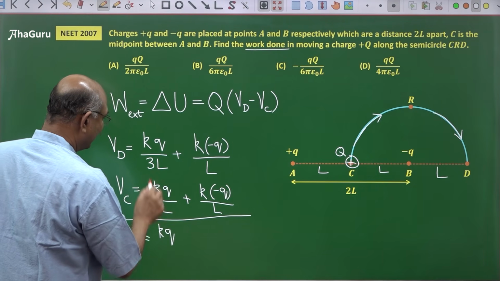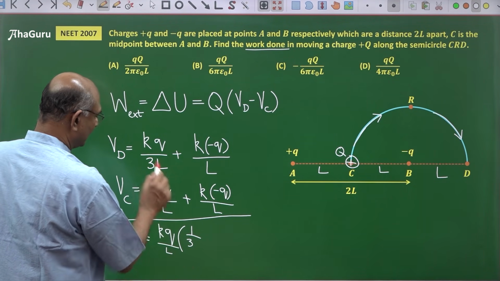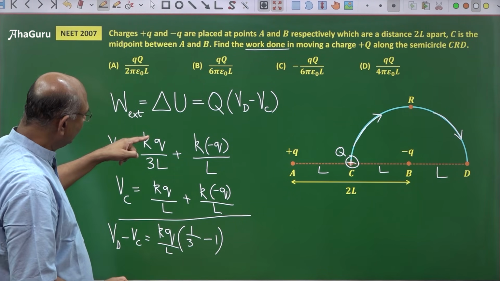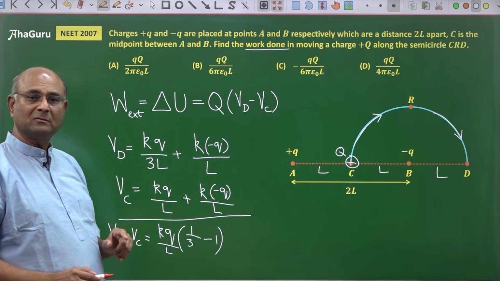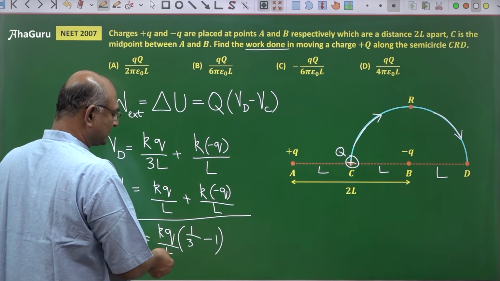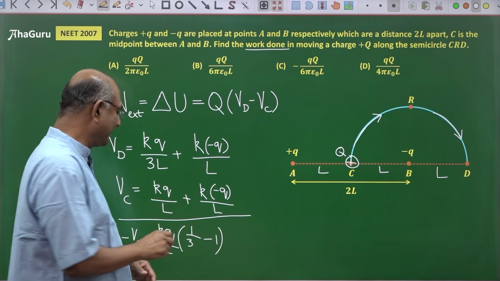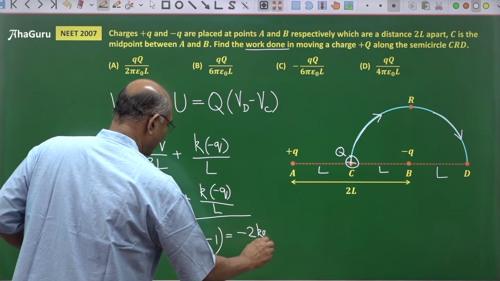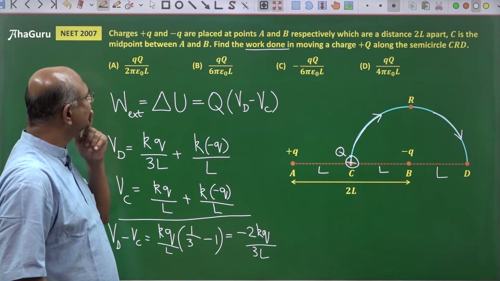KQ by 3L, I'll put the L out, minus KQ by L. Can you see? KQ by L, I've taken it common. 1 by 3 minus 1 by 1. What is 1 by 3 minus 1? 1 minus 1 by 3 is 2 by 3. 1 by 3 minus 1 is minus 2 by 3. So I'm going to get minus 2KQ by 3L. That is VD minus VC.